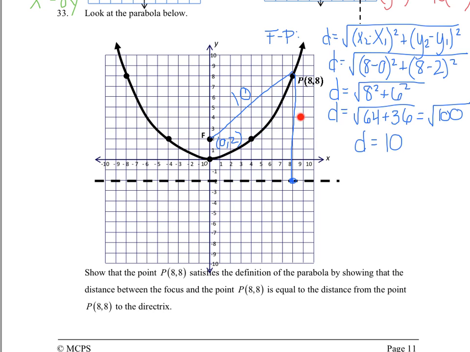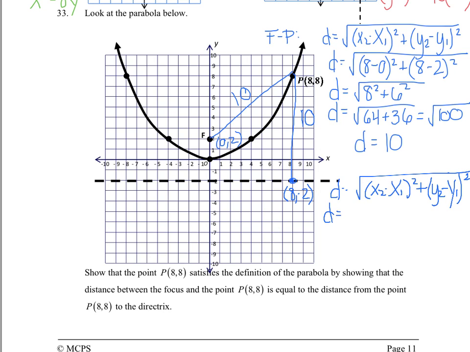Now, because this distance is a vertical line, I can actually count and see that I'm going 8 units to get to the x-axis, and then another 2 units for a total of 10 units. I can also use the distance formula though. This point is (8, -2), and the distance equals the square root of x2 minus x1 squared plus y2 minus y1 squared.